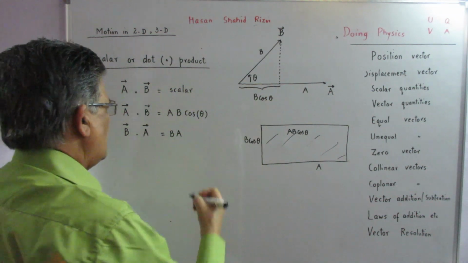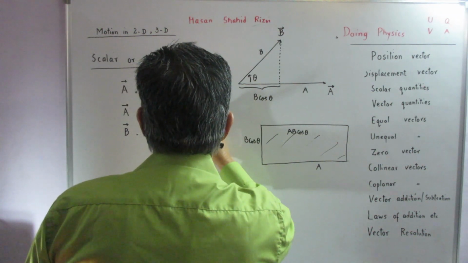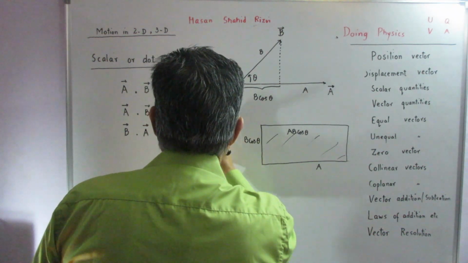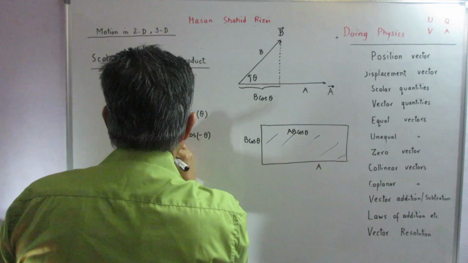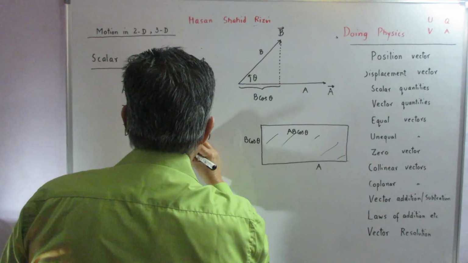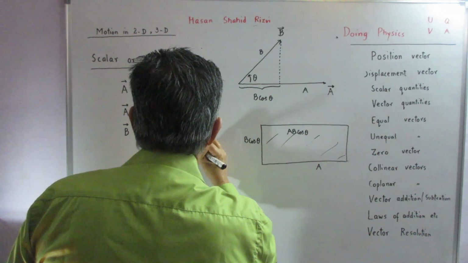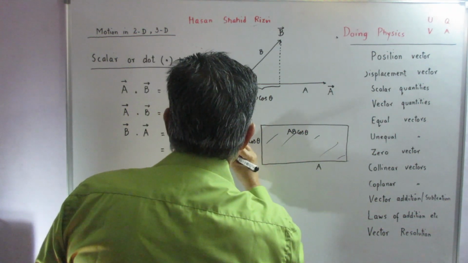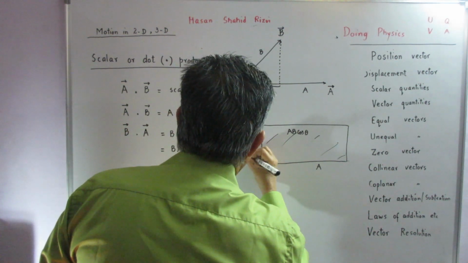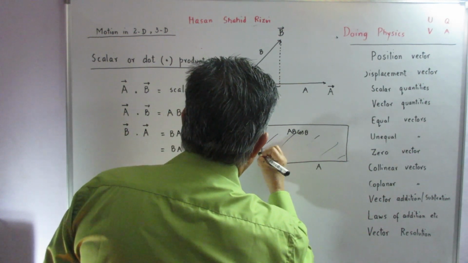This angle has become cos of minus theta. And as I told you, this is equal to ba cos theta itself, because cos of minus theta is equal to cos of theta.